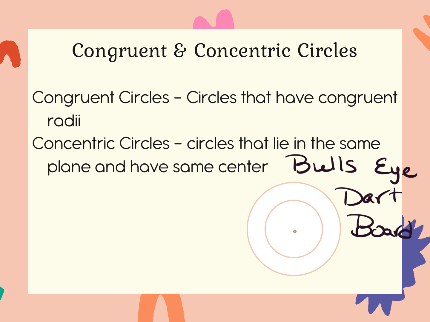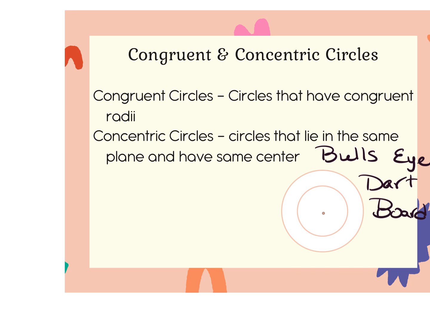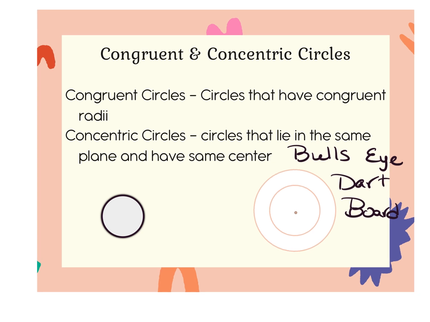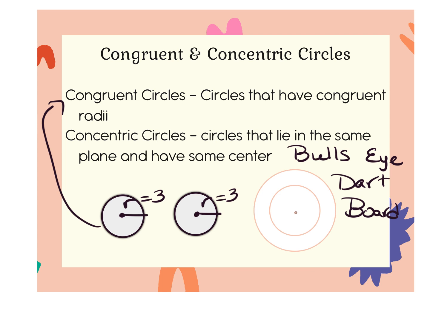Now, congruent circles could be two separate circles. So I could draw two separate circles, and as long as they are labeled with the same radius length, so if I tell you this one has a radius of 3, and so does this one, then these are considered congruent circles.